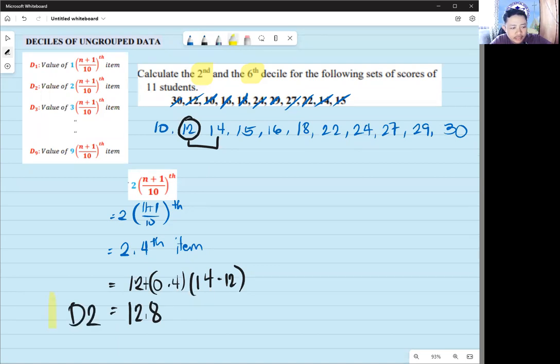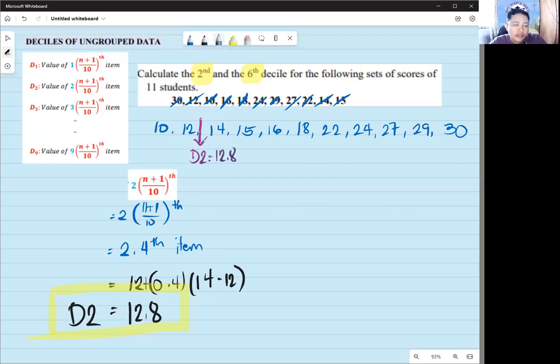So 12.8 is your second decile. Show me a reaction if that process is clear. Okay, very good. That's it, done. So our second decile here is at 2.4, somewhere over here, and it is equal to 12.8.